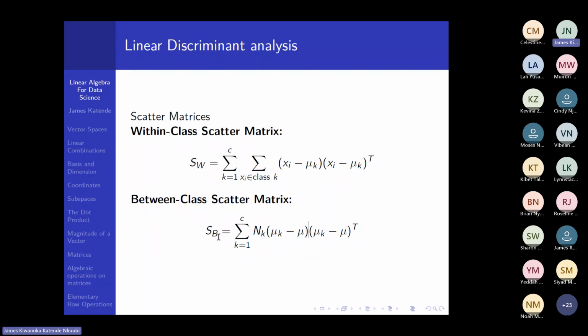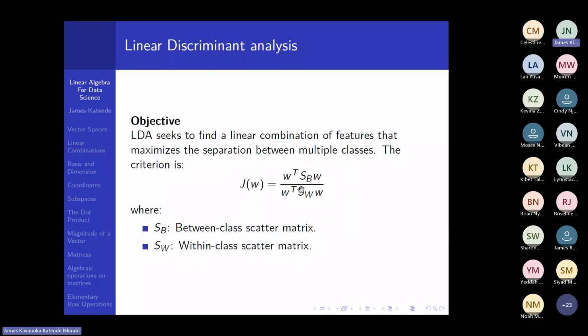So this between you maximize, and this within you try to minimize. And the objective function that we have seen before is what will give you this. This W is just the vector onto which you'll project your data and maximize the separation.